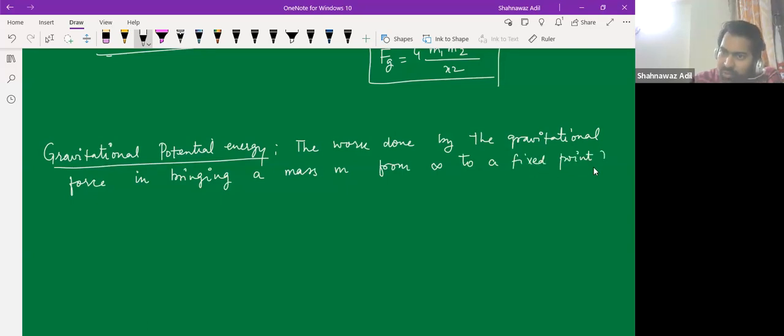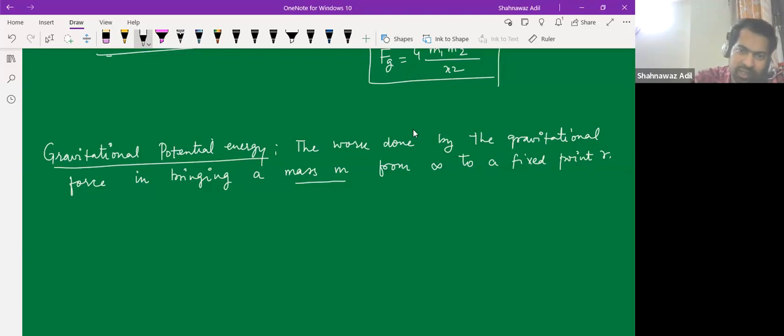So this is the work done by the gravitational force in bringing a mass m from infinity to a fixed point.